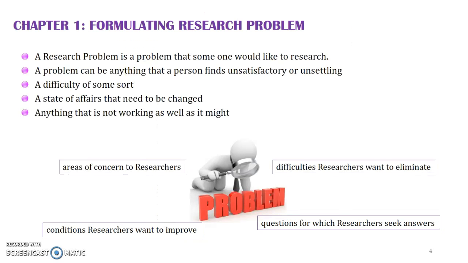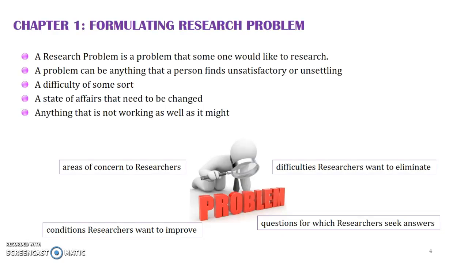Okay, chapter 1, formulating the research problem. What is a research problem? A research problem is a problem that someone would like to research, and it can be anything that's overarching, or somebody said this really needs to be solved. There's something missing that everybody needs to know.